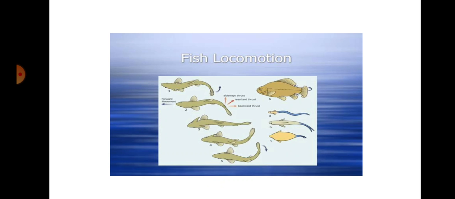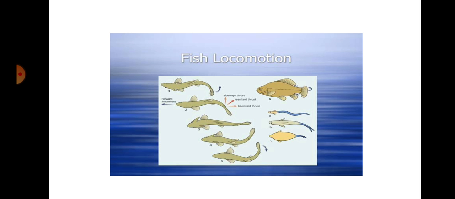The fish swim by forming loops alternately on the two sides of the body. The tail pushes them forward. The vertebrae and the muscles attached to them work for it. Okay. Presence of scales on the fish skin reduces frictional drag.